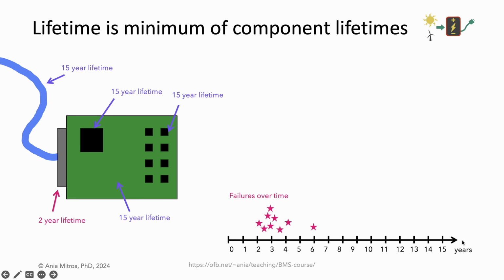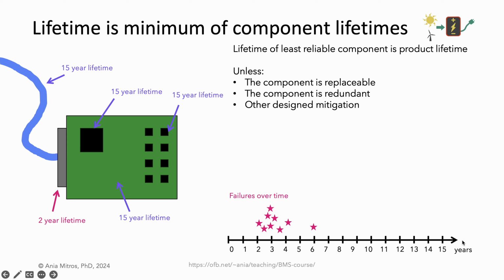Over time, that might look like this: a lot of failures shortly after the 2-year design lifetime of the component, with a few devices lasting longer, but very few are likely to reach 15 years. The lifetime of the least reliable component is the overall product lifetime, unless we've designed for some targeted mitigation, such as being able to replace or service that least reliable component.